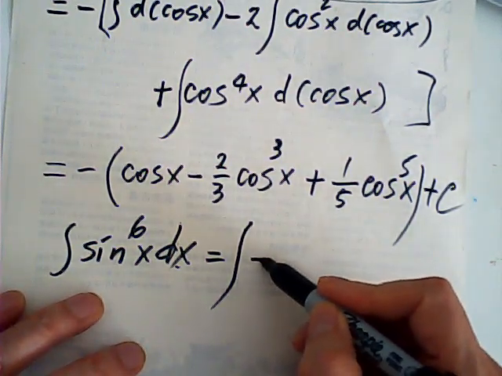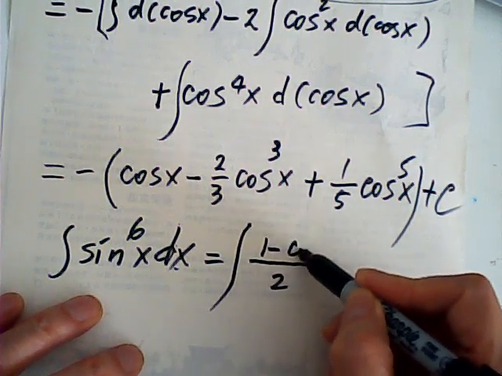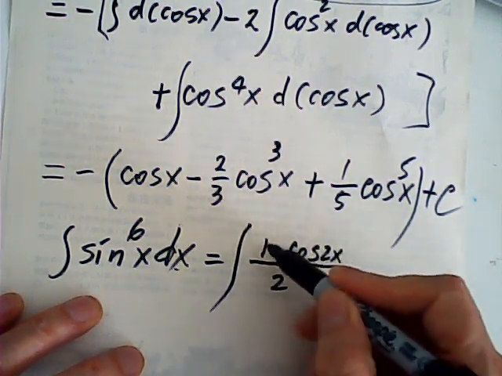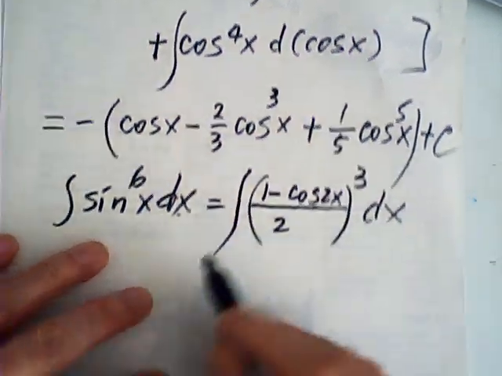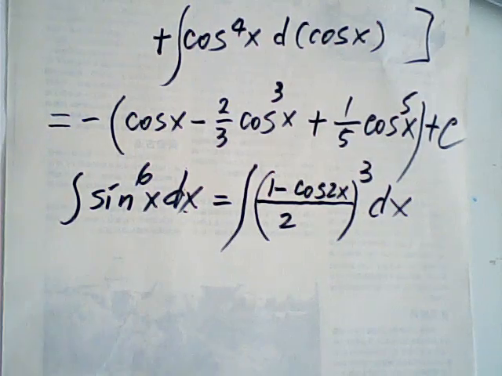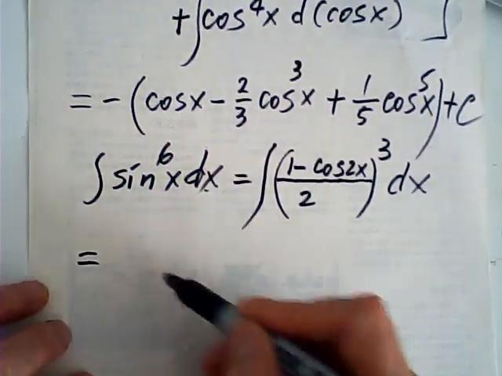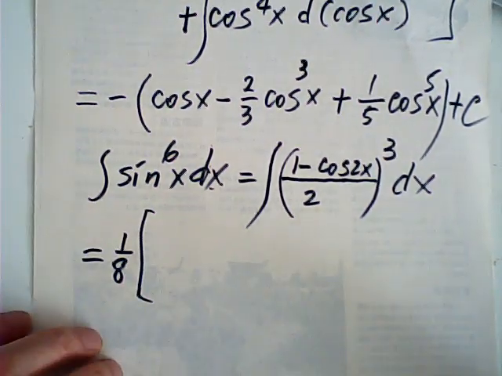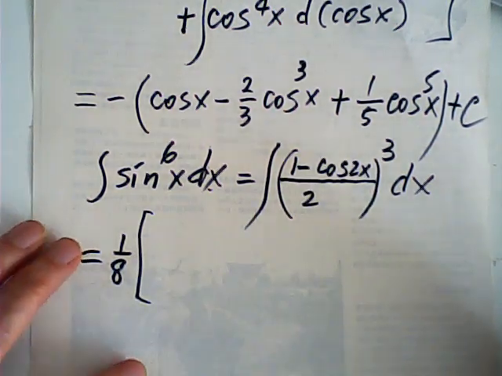This one is equal to 1 minus cos 2x over 2, right? So that's the sine square, and cubed, right? Then the power has been reduced. Then this is equal to 1/8, and then this is just a cubic function, right?